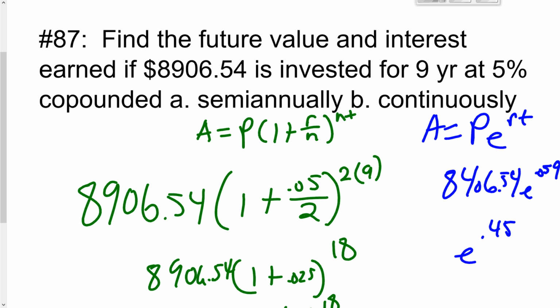So e is second, or shift ln, and 0.45, we can enter that in, and we get 1.5 and so on. So again, I want to keep that number in there, so don't round that, just times that by our 8406.54.